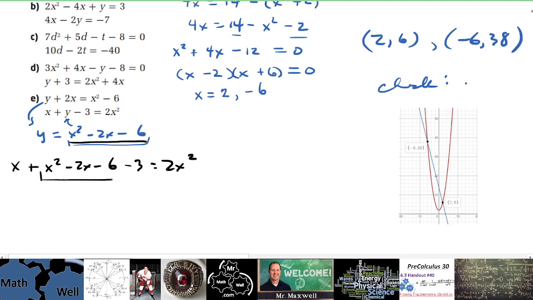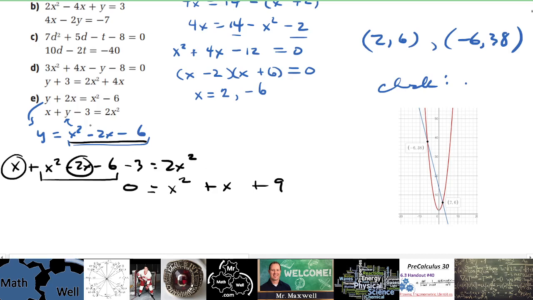Okay, so I've just plugged this in right here for y. So if I gather like terms and get everything over to the same side, what do I have? Well, let's take everything over to the right side. I'm going to subtract x squared, so I'm going to have just 1x squared over here. I'm going to subtract an x and add 2x, so that's going to be plus x over here when I combine these and then move them over.